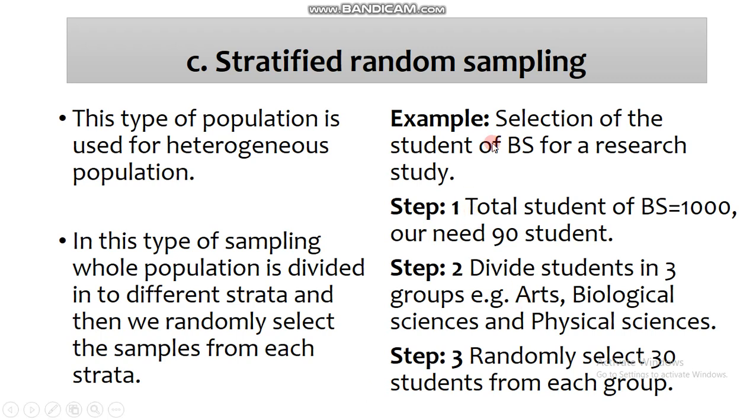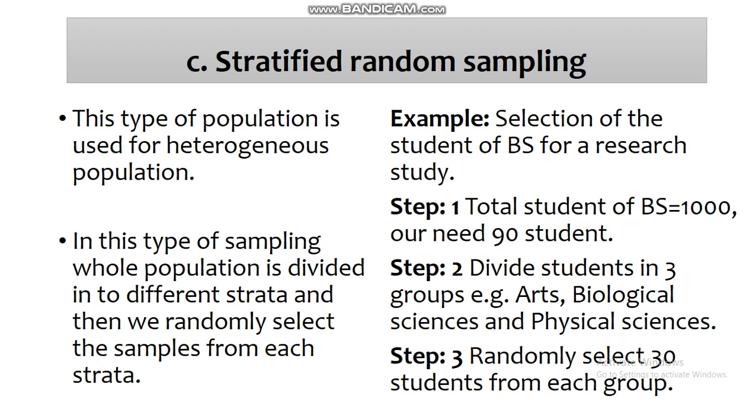Again we have an example. For example, selection of BS students for a research study or research activities. As we know, in a college or university, the students of BS belong to different categories.